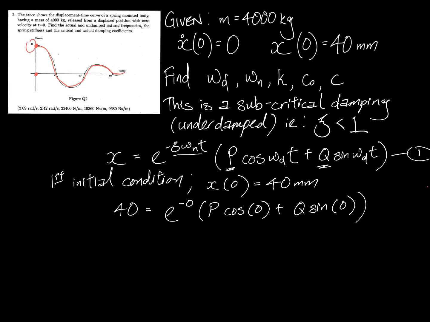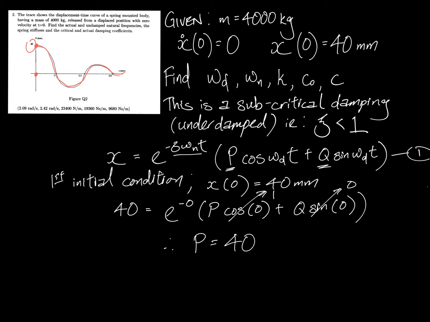Right, you can see that this makes solving it very straightforward because of the 0, and sine 0 will be equals to 0, cos 0 is equals to 1, and therefore we have solved for P is equals to 40.